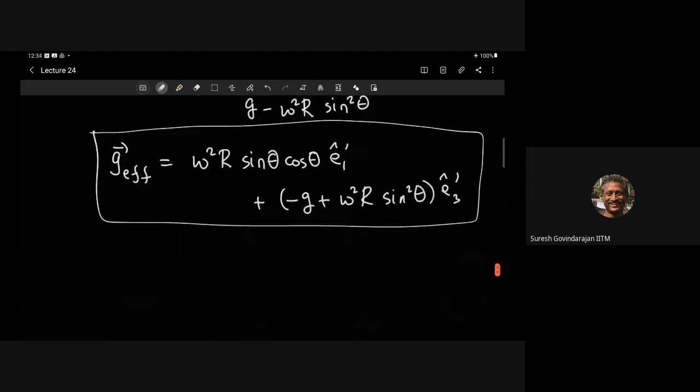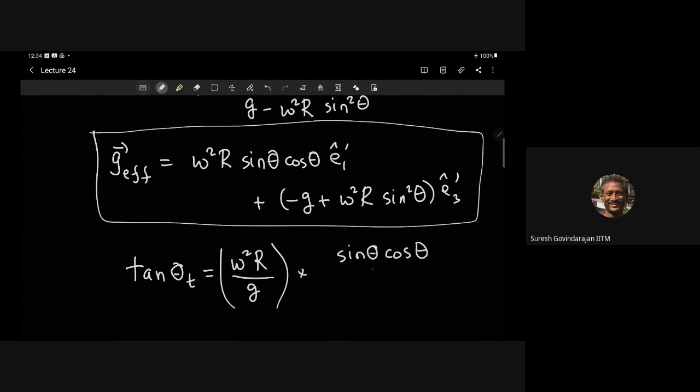Now I just want to massage this a little bit better. Tan theta tilt, you can write it as, there's a dimensionless quantity which comes: omega square R by g into sine theta cos theta, divided by 1 minus the same dimensionless quantity, omega square R by g into sine square theta.